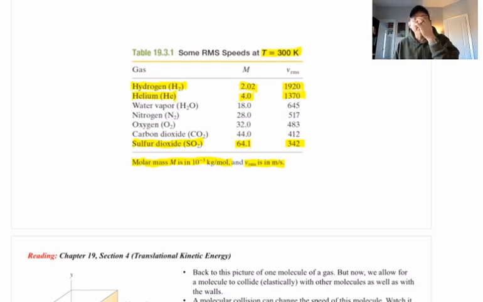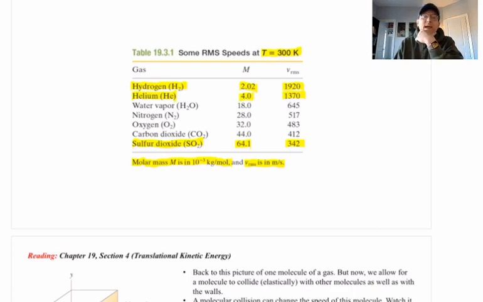In fact, this table gives you a little bit of a clue. It's just the beginning of the story, but it gives you a clue as to why various planets in our solar system with different masses and different gravitational field strengths have different gas constituents in their atmospheres.